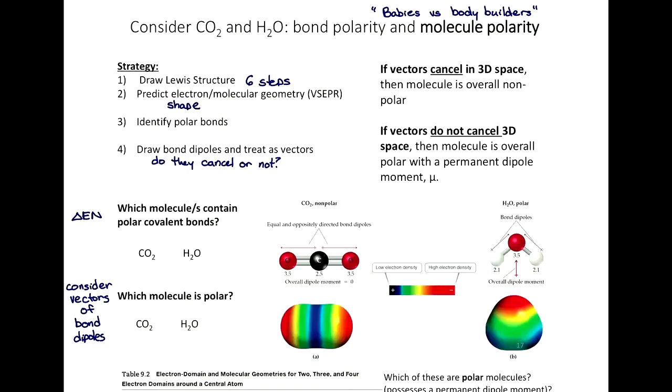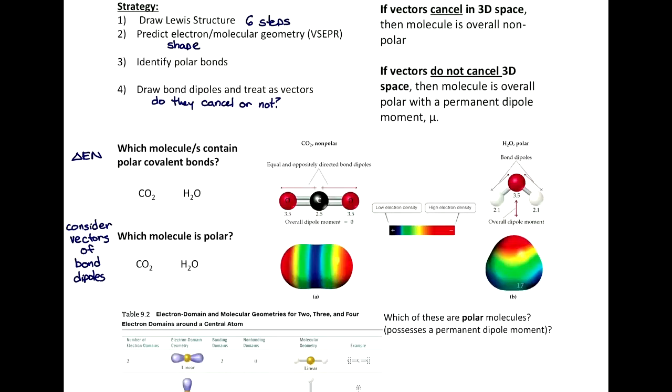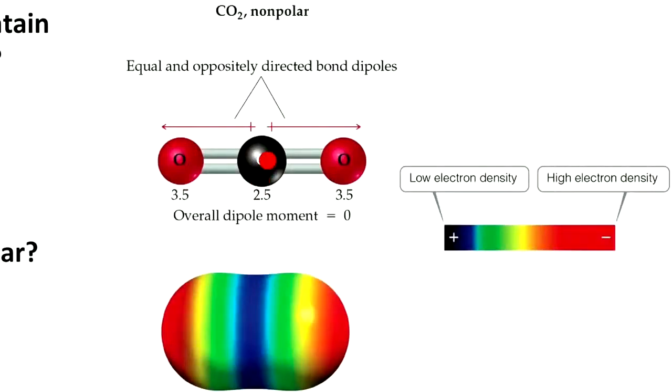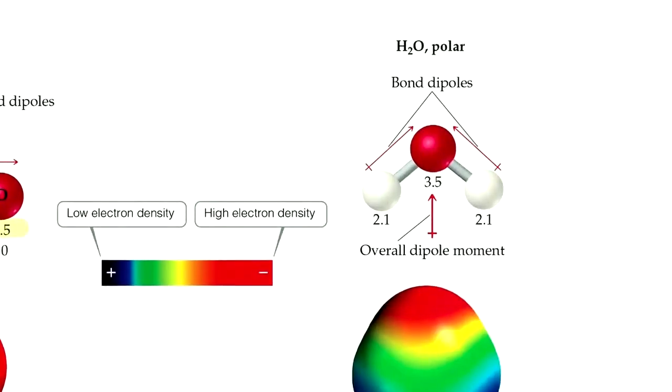So let's look at 2 examples, CO2 and water. If you look at a carbon-oxygen bond, here are its 2 electronegativities: carbon has an electronegativity of 2.5, oxygen 3.5. Is CO a polar bond? Yes, it is. What about in water? Water has oxygen and hydrogen.